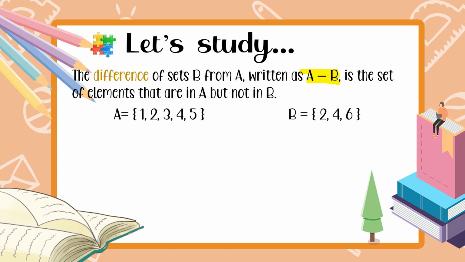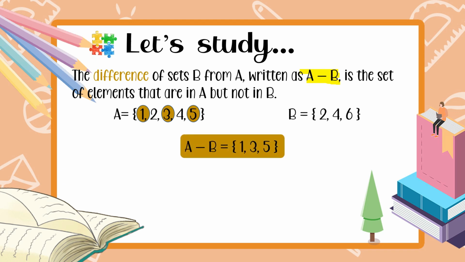Take a look at these sets. Ano ang meron kay A na wala kay B? Ulit, ano ang meron kay A na wala kay B? So, we have 1, 3, and 5. Kasi si 2 at 4, makikita natin siya kay set B. Therefore, A minus B is 1, 3, and 5.